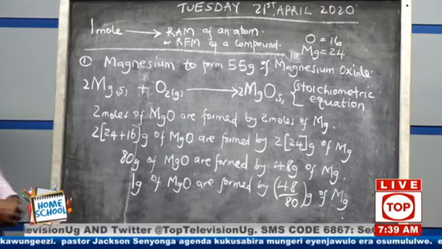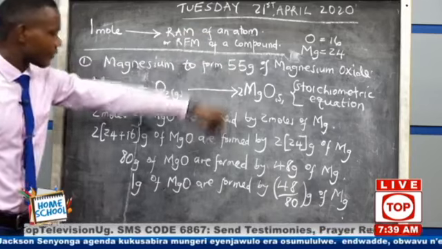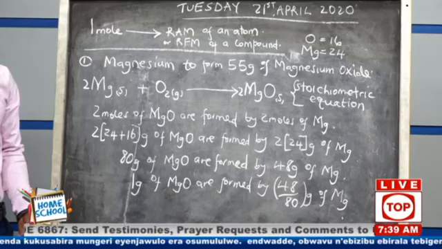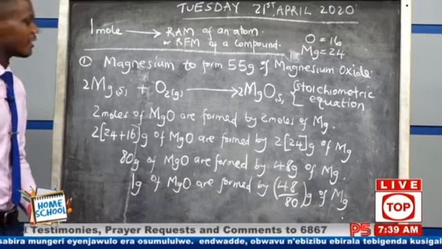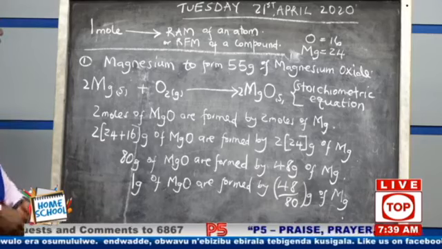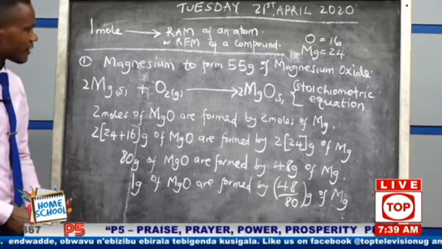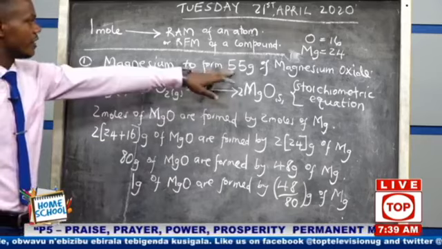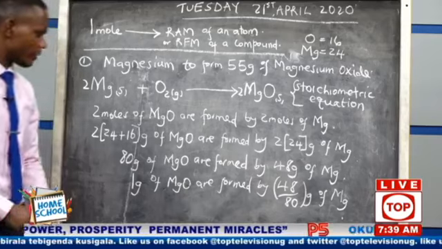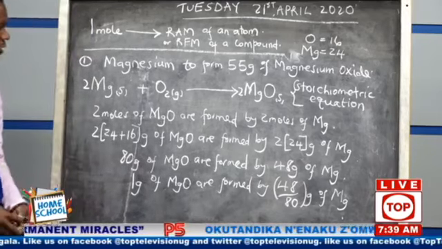Now let us look at what we have been given. They have said what can be formed by 55. Once you know that 1 gram is formed by 48 out of 80, you'll be able to know what can lead to the formation of 55. If 1 is being formed from 48 out of 80, what about 55?